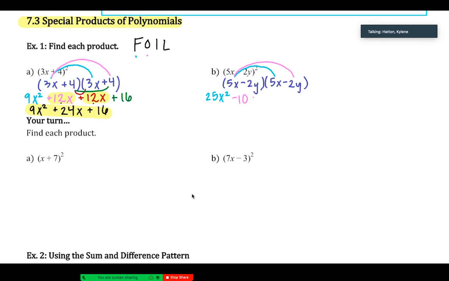We just write that as xy. So I'm going to rewrite this up here just to show you. 5x times negative 2y. I know that I can multiply the coefficients together, 5 times negative 2, so that's negative 10. But x and y, I can't combine those because they're different variables, so they just get written side by side.